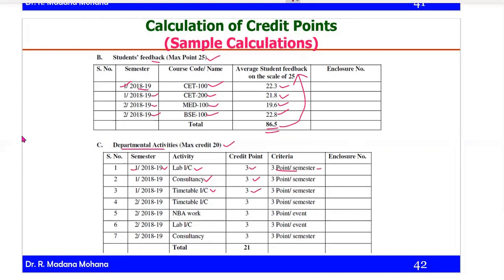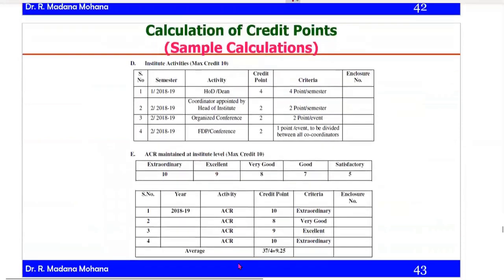So total you will get 3 into 3, 9. Then second semester, same academic year, suppose you are having 4 responsibilities: timetable in charge, NBA work, lab in charge, consultancy. 4 activities, 4 into 3, 12. So 3 points per semester per activity. Then total 21. This can be converted into 20-point scale. You can take 20 percent of 21. That is the final score.